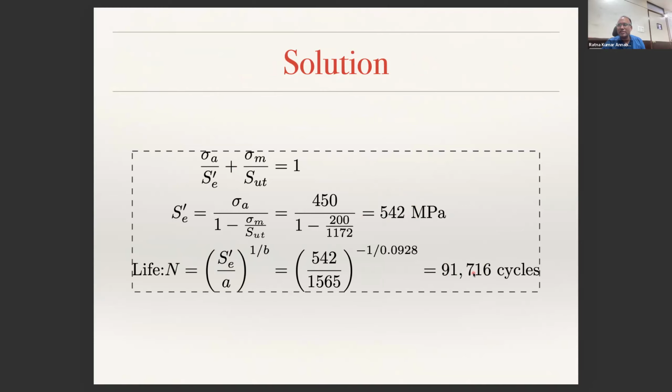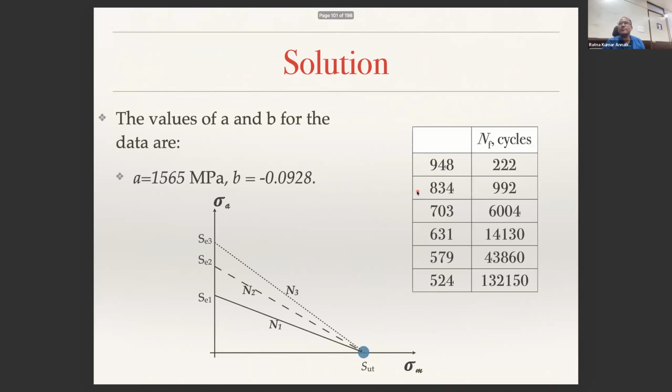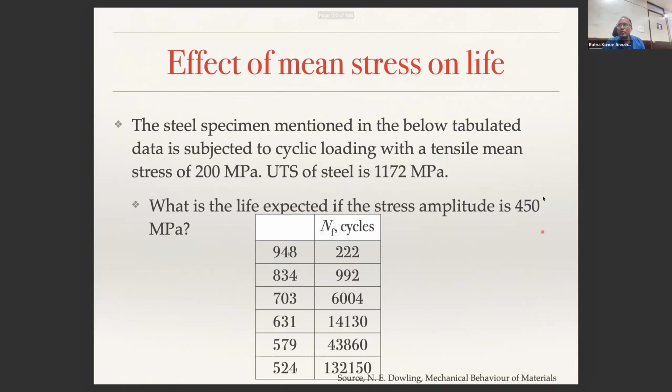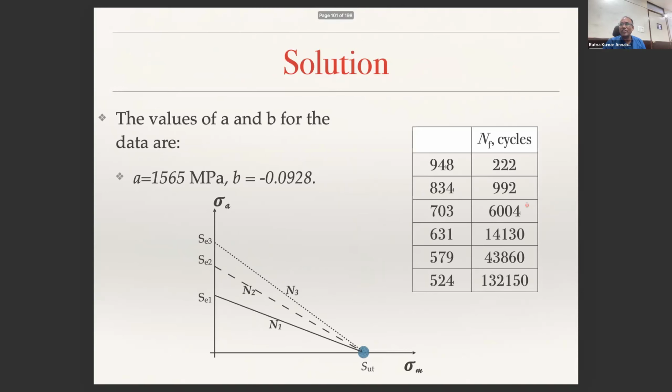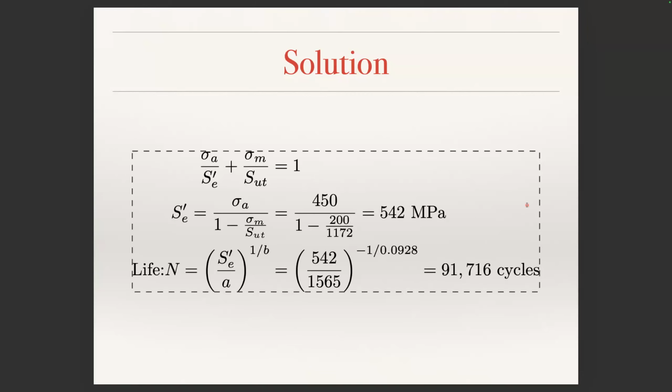That is what it means, isn't it? But if you increase the mean stress from 0 to 200 MPa, this 542 has reduced to 450, because at 200 MPa, we can only have 450 MPa stress amplitude. So that is what we are talking about. Is that clear? Yes, sir. Yeah.